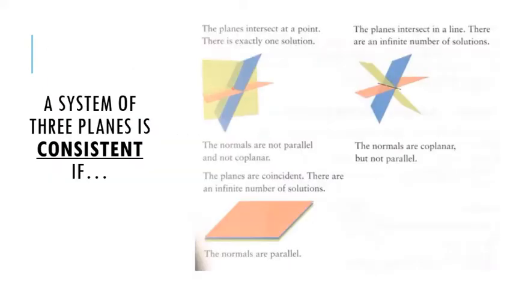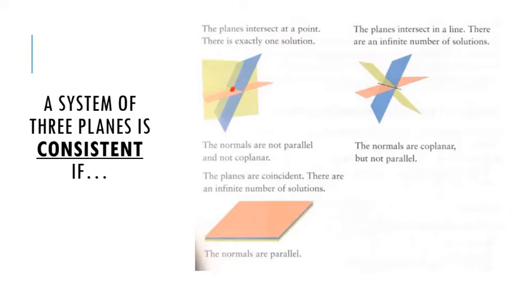So this is what it looks like if they are consistent. There are 3 possibilities. They can intersect at one point. You can twist and turn any of these 3 planes, the green, the blue, and the orange, and as long as all 3 of them don't become parallel, you're going to end up with that one point of intersection in the middle.